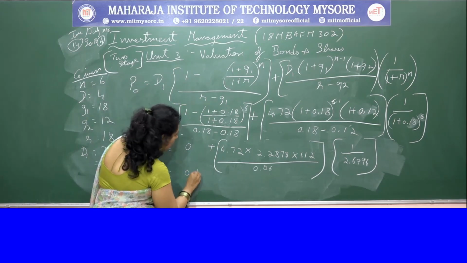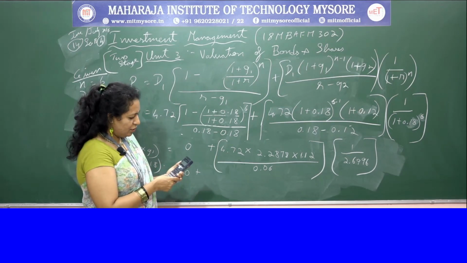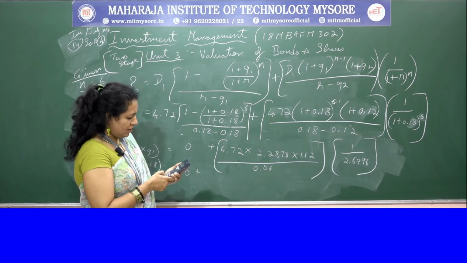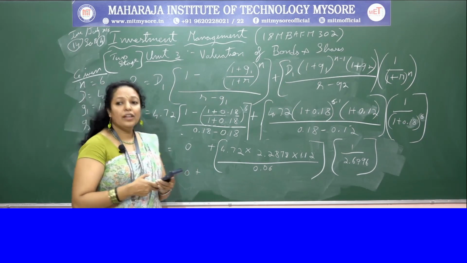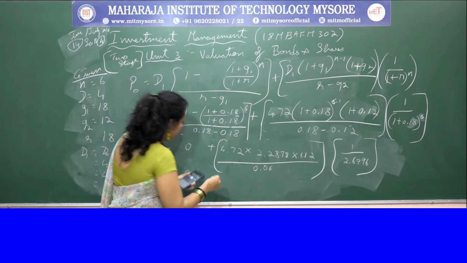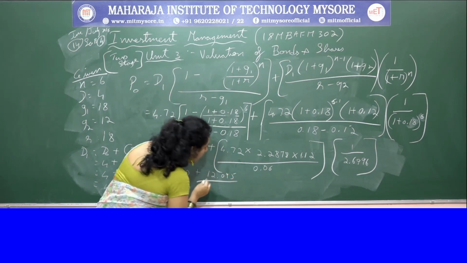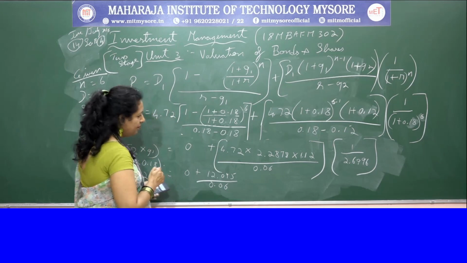So let's multiply this. 4.72 into 2.2878 into 1.12. You get 12.095 divided by 0.06.